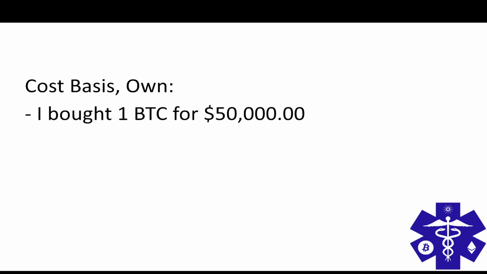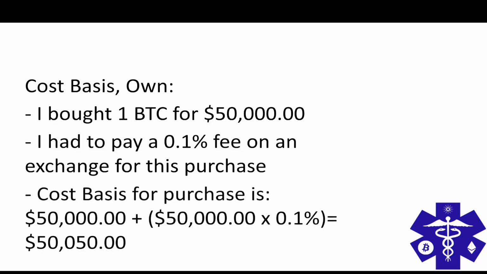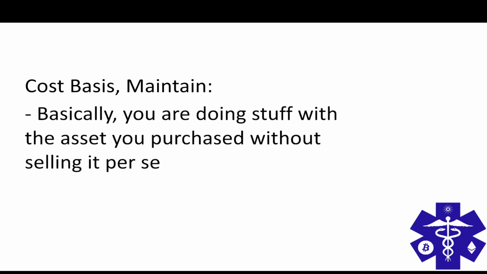So, for example, if I bought one BTC for $50,000 and I had to pay a 0.1% fee on an exchange for this purchase, the cost basis for the purchase is the amount of money I used to purchase the cryptocurrency plus the fee that I also used to purchase the cryptocurrency. So the cost basis would be $50,050.